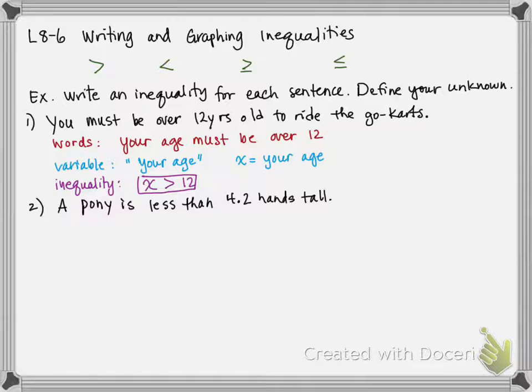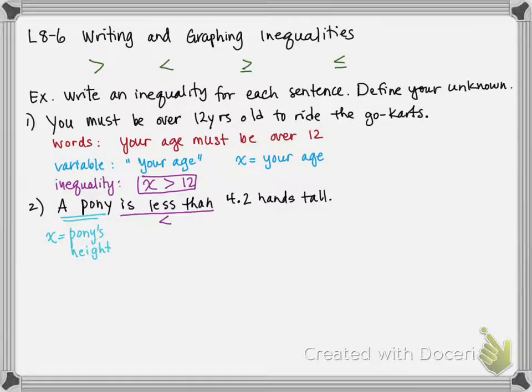Is less than. And then I'm looking for something at the beginning. This is what I don't know, is the pony. But what about the pony? It talks about being tall, so this would be the pony's height. There's my definition.